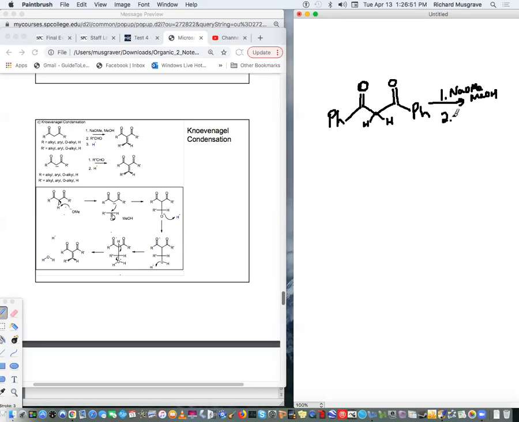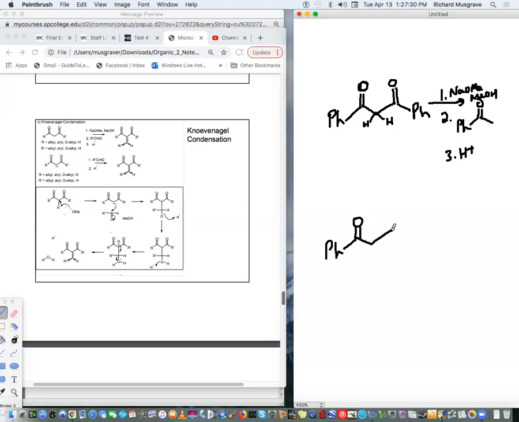Then second of all, some kind of aldehyde or ketone. We'll make it that one. And secondly, H+. You'll notice this one has alpha hydrogens too, but these alpha hydrogens are nowhere near as acidic as these guys here that are in between the two C double bond O groups. The product here, and I'll show you how we get the product, is pretty easy.